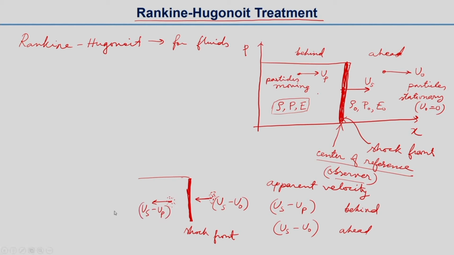So, these are the apparent velocities. We will first start with conservation of mass, and then conservation of momentum and conservation of energy, analogous to the treatment discussed in the last lecture.